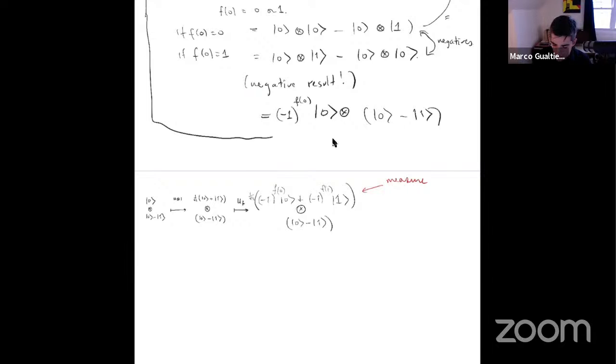notice what happens. If f of 0 is equal to f of 1, that means that the phase of 0 and 1 are the same. They have the same phase. So we're going to get plus or minus 0 plus 1 as the result. And that plus or minus is an overall phase, and so it's not relevant.